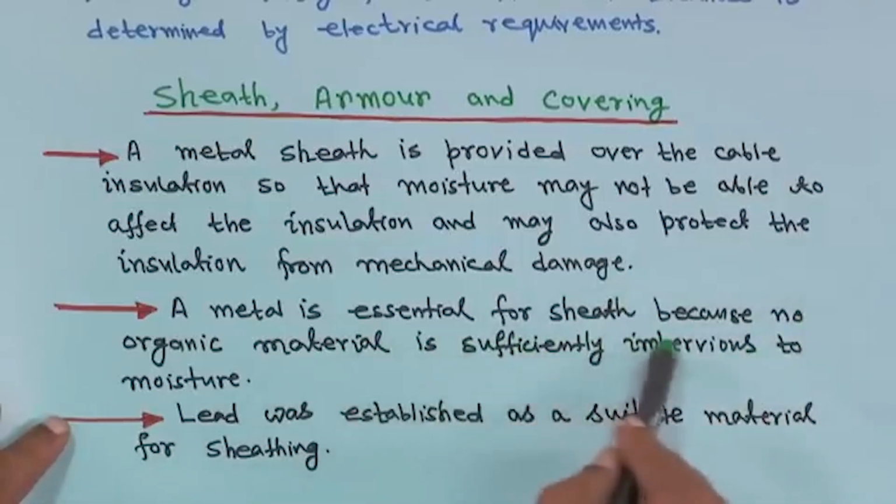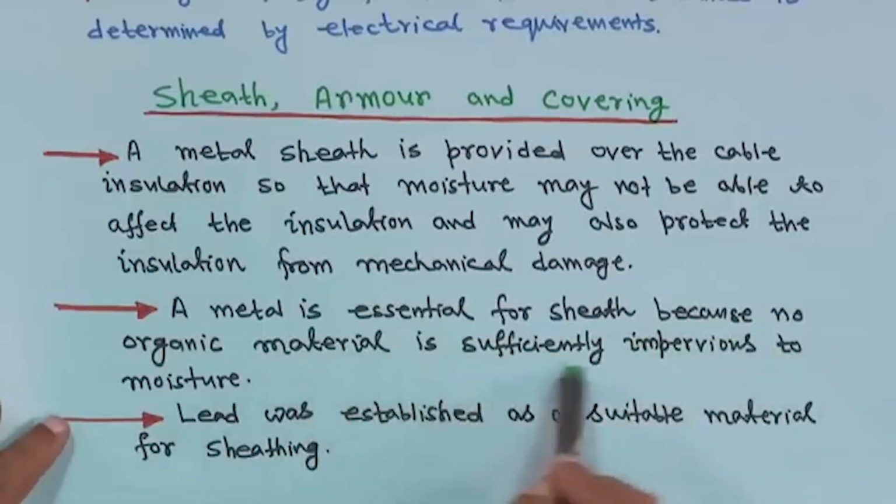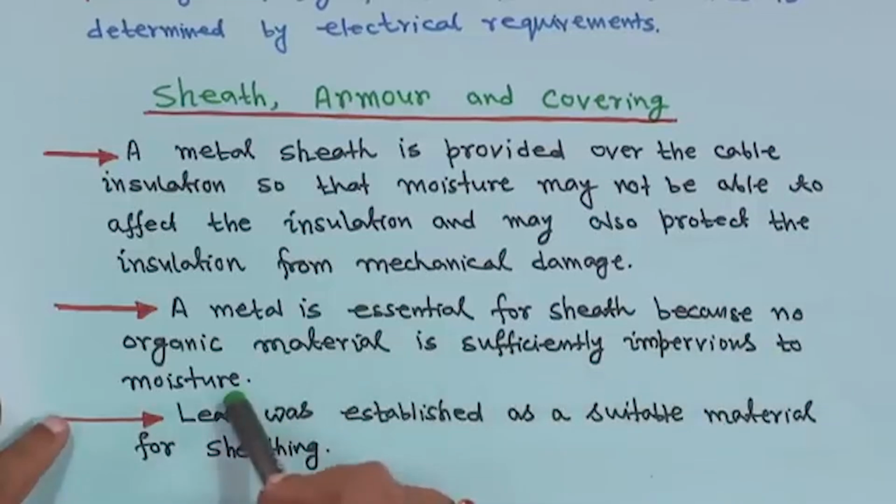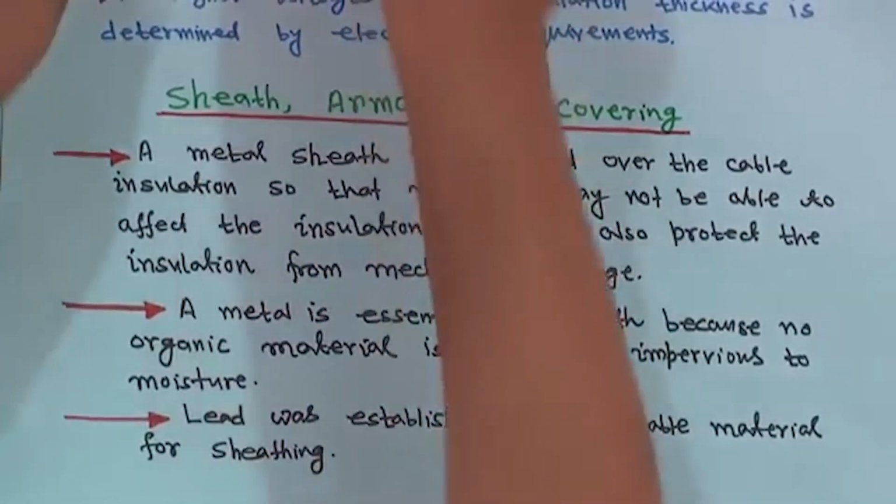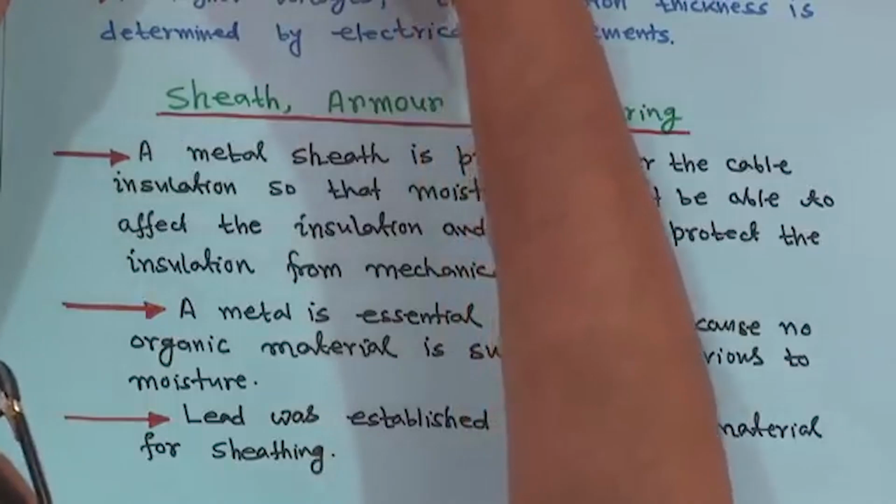A metal is essential for the sheath because no organic material is sufficiently impervious to moisture. Lead was established as a suitable material for sheathing, but later we will see that lead has a very high specific gravity as compared to aluminum, right.